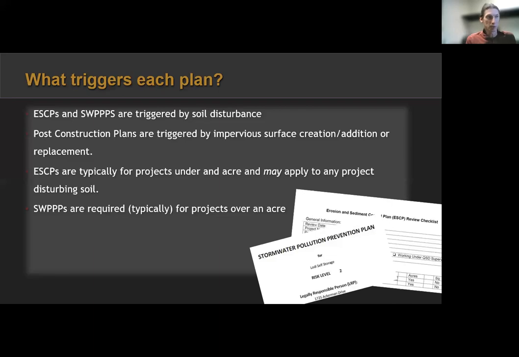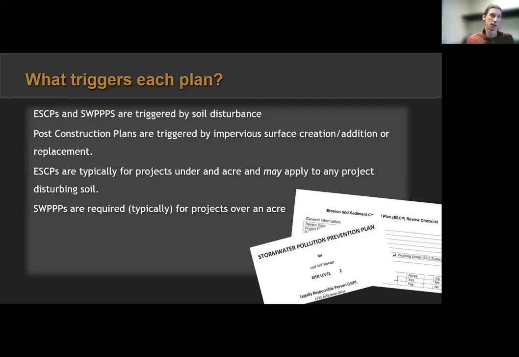Now there's a couple different times when a SWPPP might be required for a project under an acre, or something similar to a SWPPP. There are a few exceptions for waiver projects. It might not be required to have CGP coverage, but still have some erosion sediment control documents.